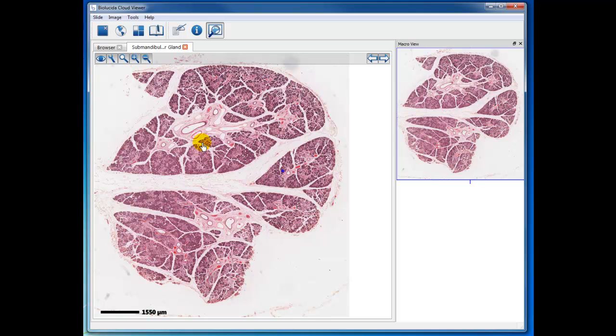So you can see some structures that have large lumen, and those are usually large ducts that will carry the contribution made by the cells. And in the submandibular gland, we're going to expect to see both mucus and serous glands.